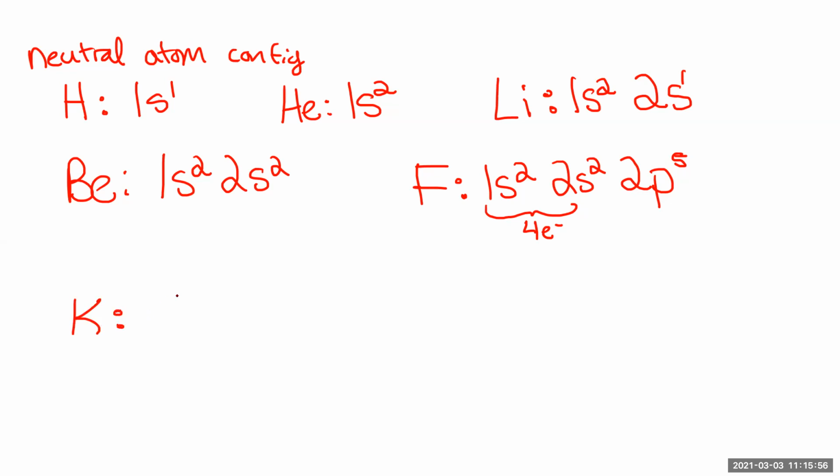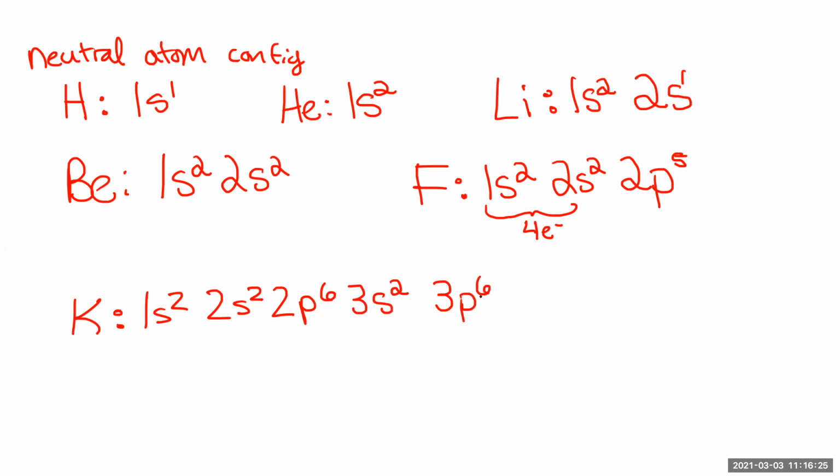Potassium longhand, if you go through with me, is 1s2, 2s2, 2p6. Okay, good so far. Now we have a bunch more electrons to use. We're now down into the third energy level. Its first subshell is s, so 3s2. Going across, then we now fill 3p6.